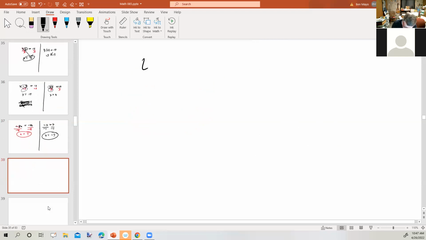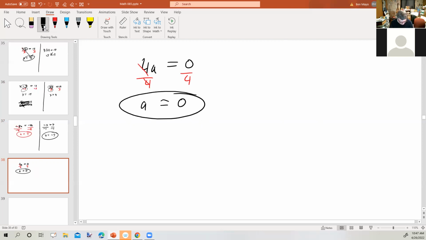All right, let's say I have 4a equals 0. To isolate a, I will divide both sides by 4. So I get a equals 0 divided by 4, which is still 0. Okay, let's see here. -15 equals 48z.